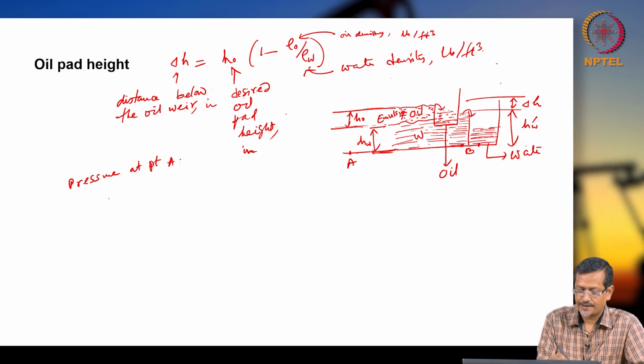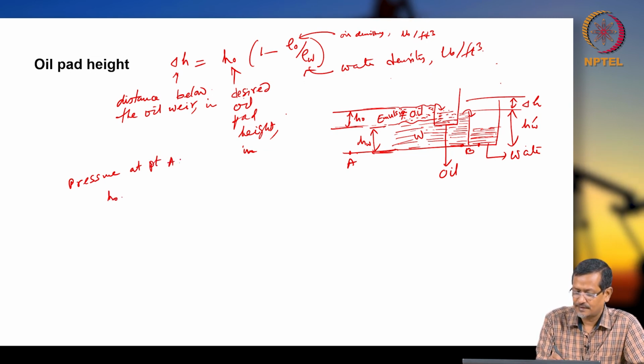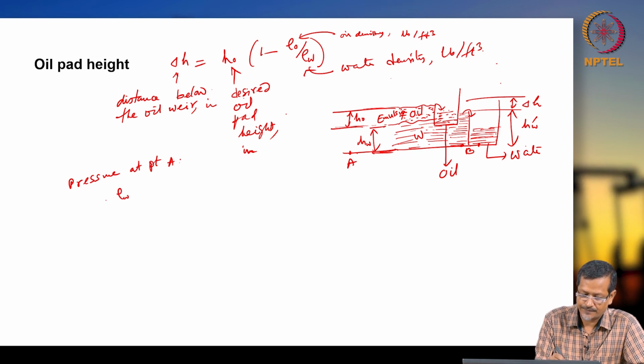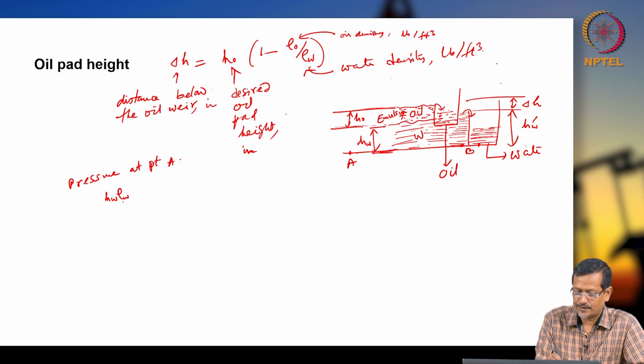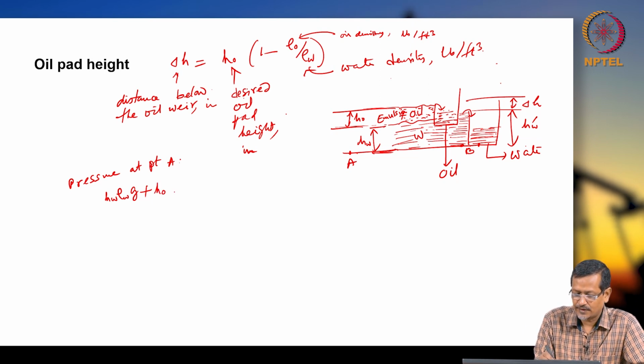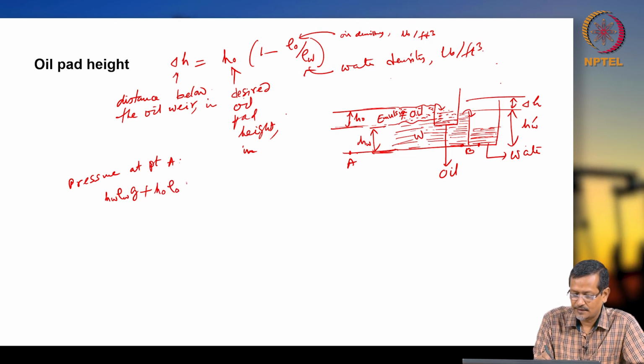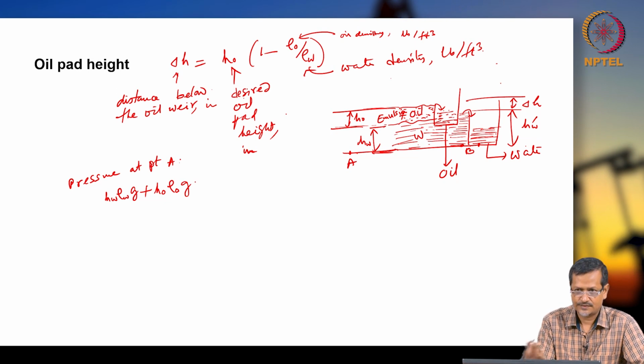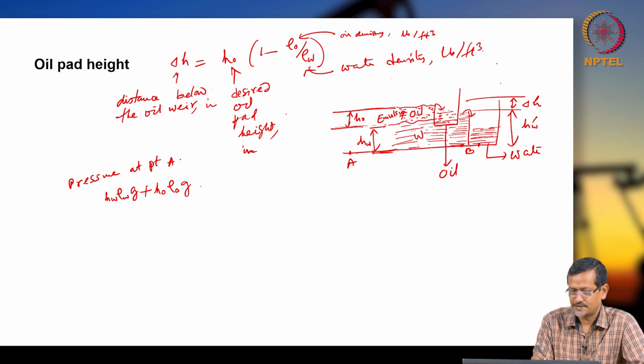H rho g: H water times rho water times g, plus oil height, H oil, rho oil, and g is constant, so fixed for all oil or gas.